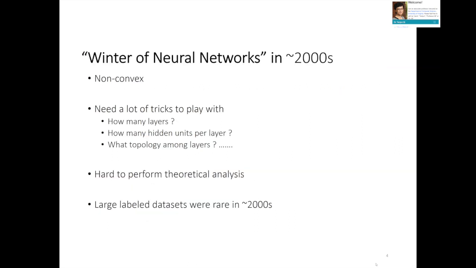So why in the beginning of the 2000s did neural networks get almost abandoned? It was really the winter, because around that time researchers favored convex types of solutions, but neural networks are not convex. So we have to talk about convexity. When you have convex loss function formulations, it's really easy to guarantee a globally good solution.